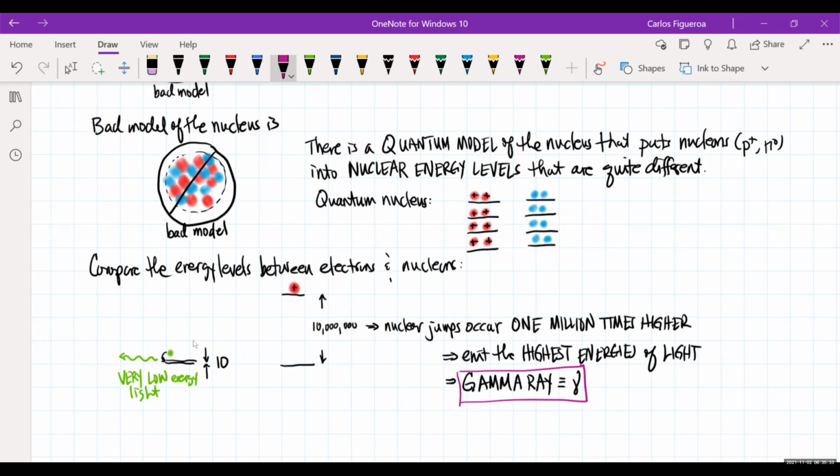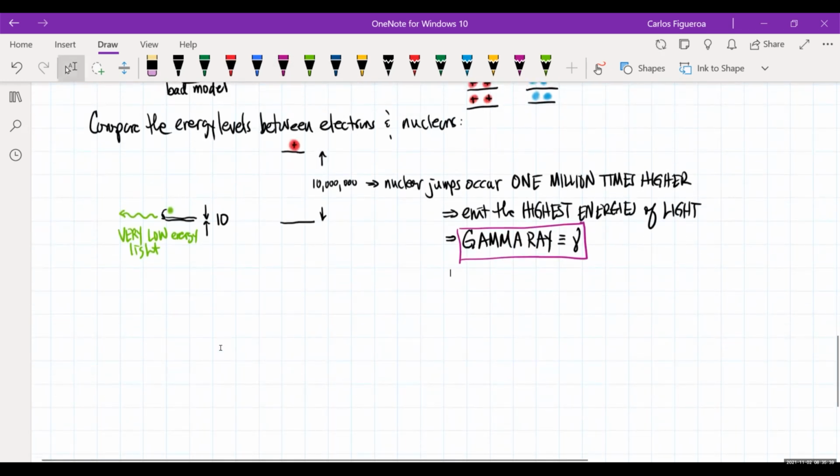So now that I've talked about the difference between these, we can just say one last thing. When this thing jumps and falls from here to here, we're talking extremely high energy light.